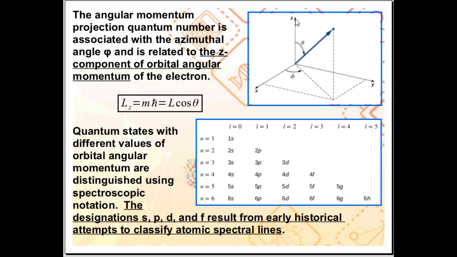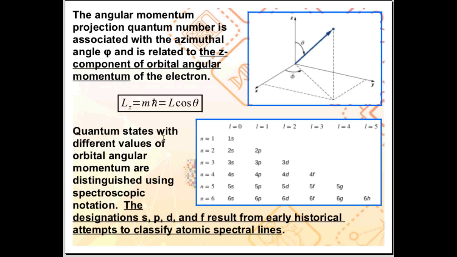So theta is with respect to the z axis because L sub z is the z component of the angular momentum. m pertains to the different possible positions of the angular momentum with respect to the azimuthal angle.